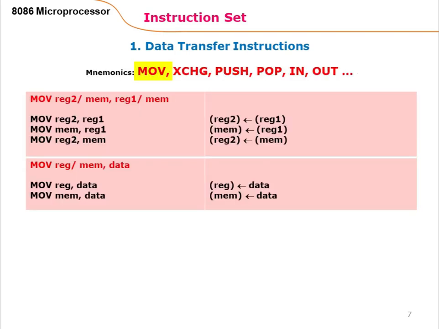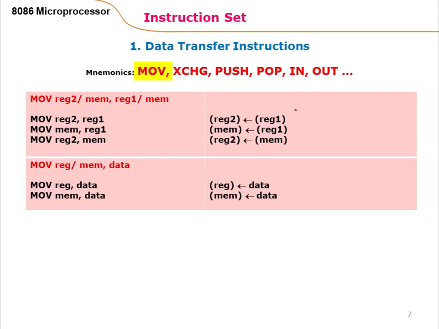What are the different data transfer instructions? The first instruction is the move instruction. The syntax of the move instruction is: MOV register 2 or memory, comma, register 1 or memory.